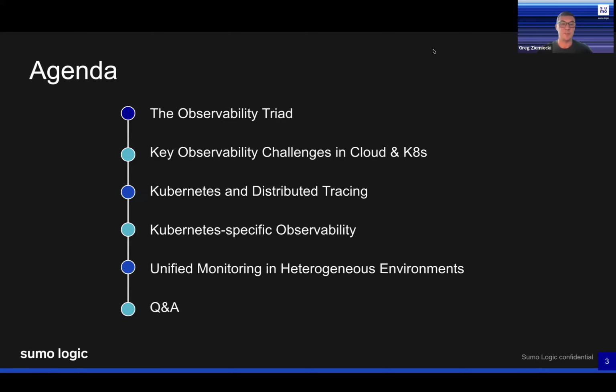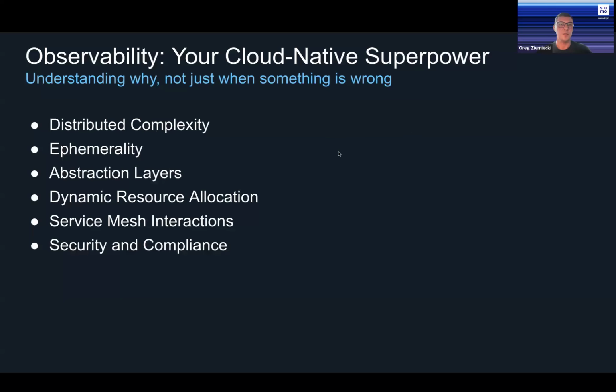Then we move on to Kubernetes-specific observability topics, and at the end, we'll touch on unified monitoring in heterogeneous environments, meaning multi-cloud environments, which is often the case in our organizations.